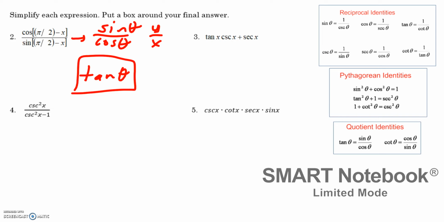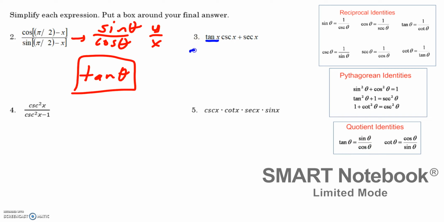Number 3, methods that we talked about in the Unit 5 video so far, we could do a GCF if applicable, we could find a common denominator, we could just try to factor. However, whenever you don't know what to do, the last resort is to change something to just sines and cosines, because you're more familiar with that. So if I see tangent, I know that tangent of theta is equal to sine over cosine.